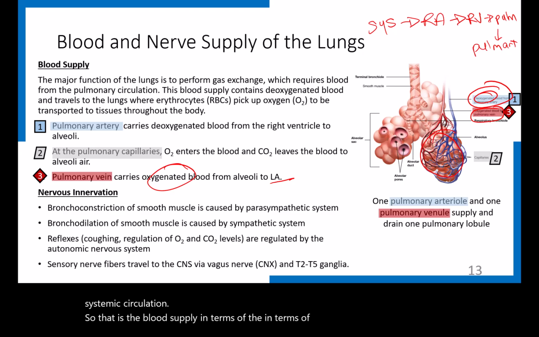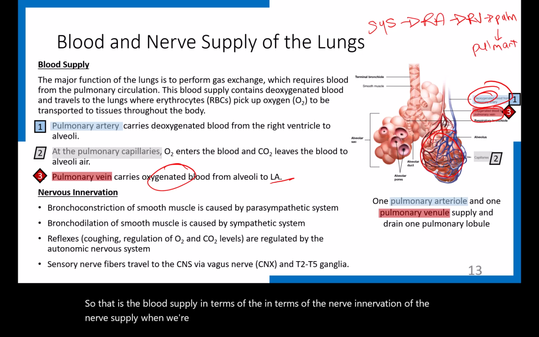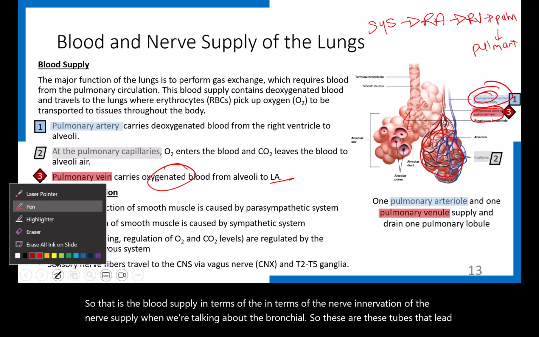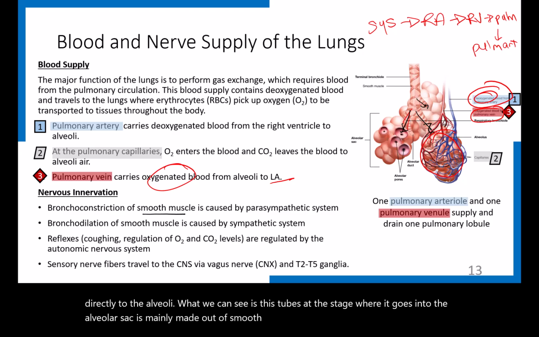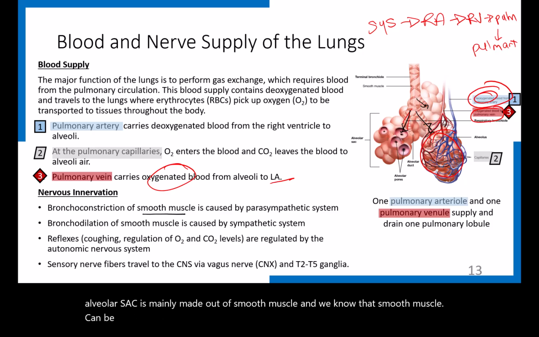In terms of the nerve innervation, or the nerve supply, when we're talking about the bronchioles, these are tubes that lead directly to the alveoli. What we can see is that these tubes, at the stage where they go into the alveolar sac, are mainly made out of smooth muscle. And we know that smooth muscle can be constricted or relaxed.